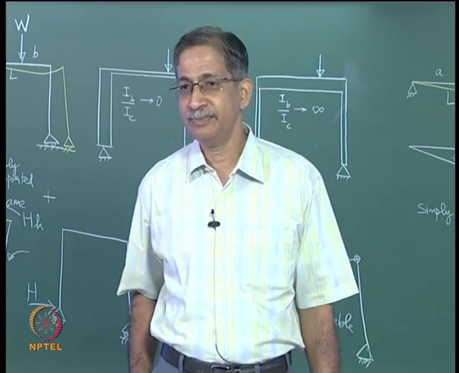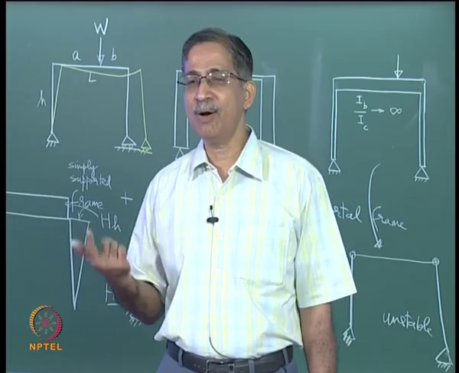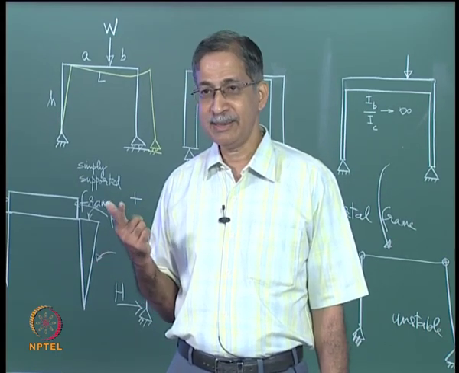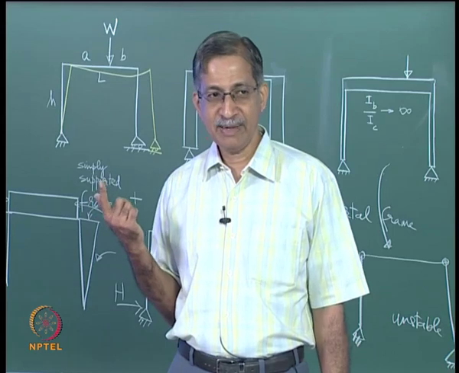How to find out? Let us say I want to do an exact analysis including rib shortening. What should I do? Go back to the first principles. How did we solve for capital H? Which method did we use? We used energy method. We did not explicitly calculate any deflection.